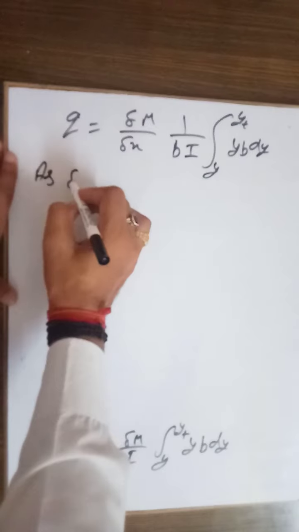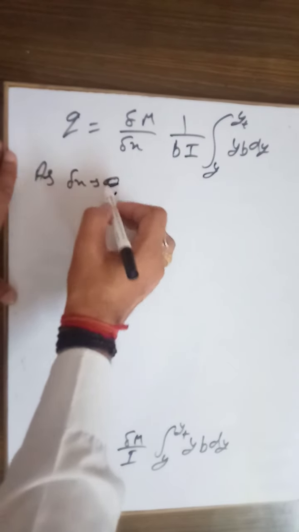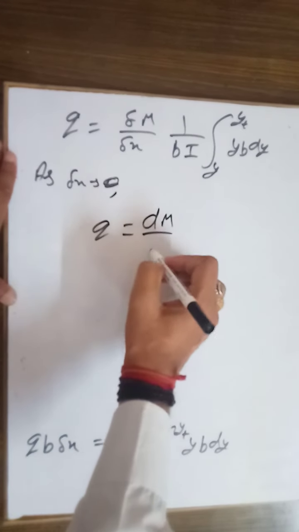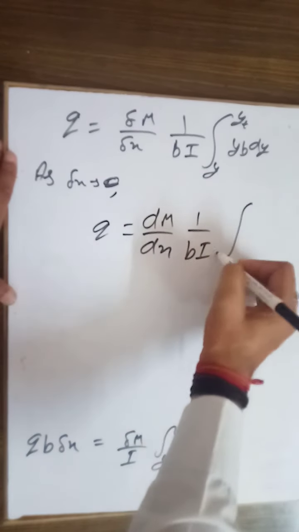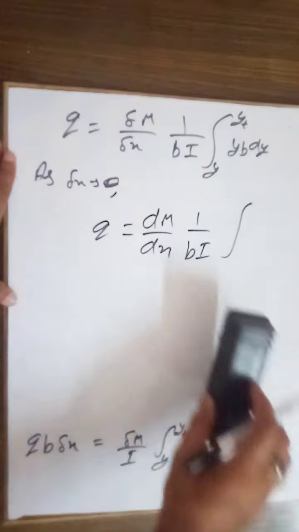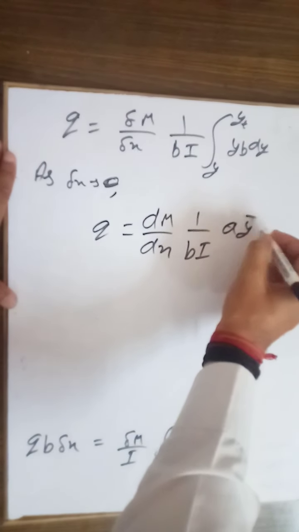As del x tends to 0, Q can be written as dM over dx, 1 upon B I, and in place of the integration part we can write A y bar.